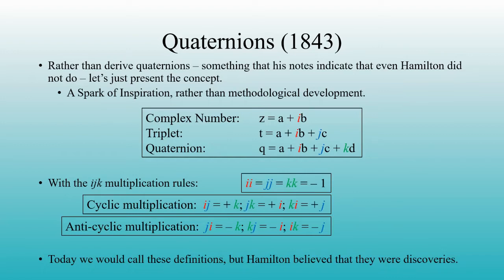Of course, more is needed. There are 6 combinations of unlike letters that need to be defined. Hamilton's discovery, if you want to call it that, was to recognize the 3 cyclic products, the ones in ijk order, as positive, and the 3 anti-cyclic products, kji, as negative.